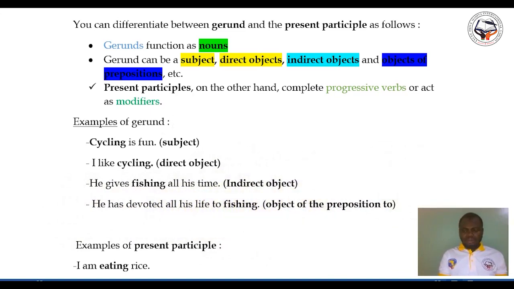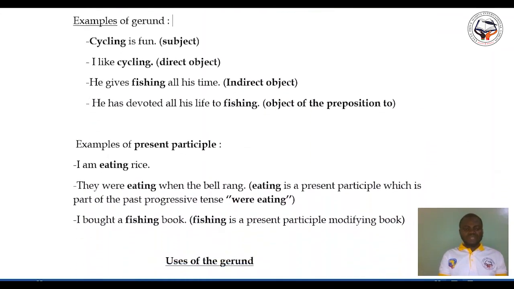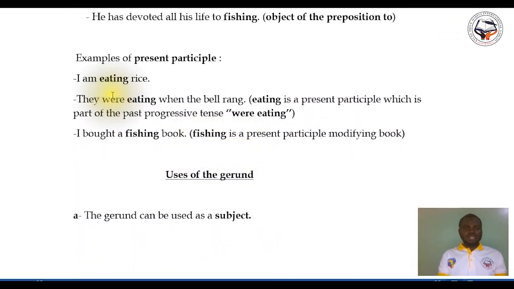Now let's see some examples of the present participle. Let me underline example of the present participle. I am eating rice. When you look at am, does am tell you something?